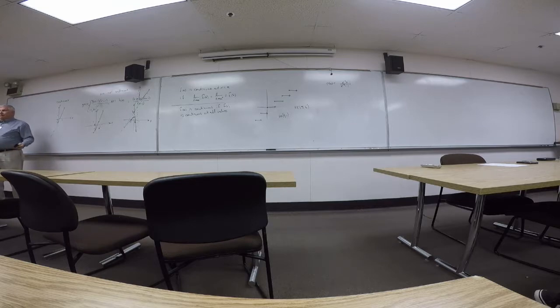But if we're dealing with something like a trig function, for instance, the tangent of x, the domain is not all real numbers. It's all real numbers except odd multiples of pi over 2. Pi over 2 is undefined. 3 pi over 2 is undefined. 17 pi over 2 is undefined. Negative 33 pi over 2 is undefined. Infinitely many undefined points.